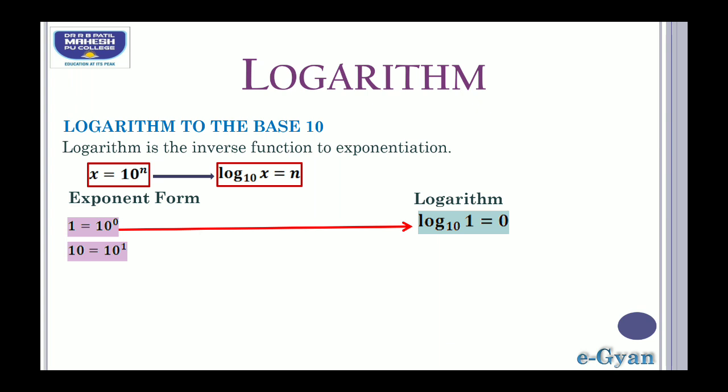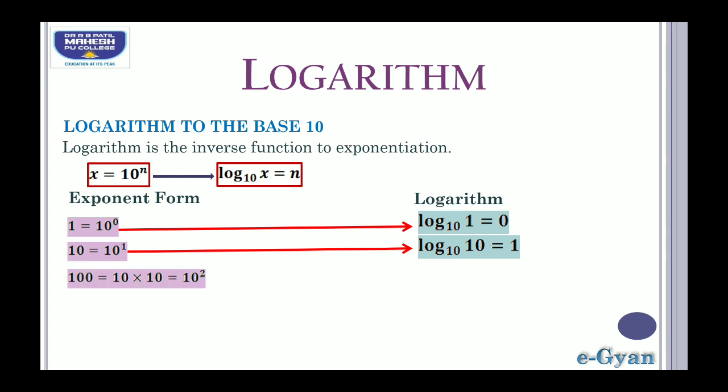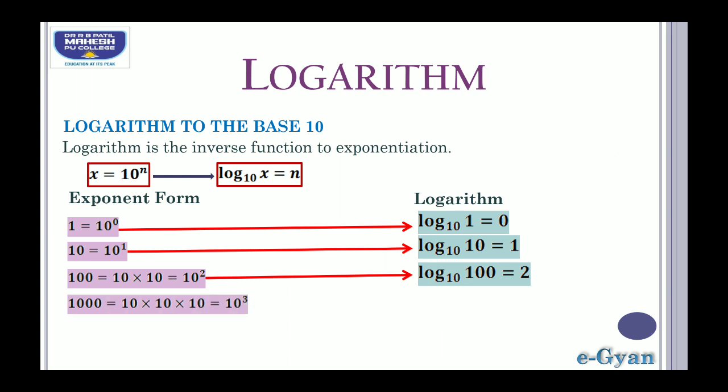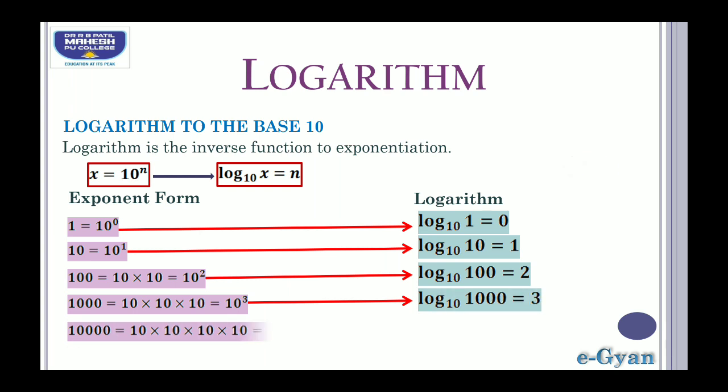10 is 10 to the power of 1. So therefore, log of 10 to the base 10 is equal to 1. 100 is 10 to the power of 2. So therefore, log of 100 to the base 10 is equal to 2. 1000 is 10 to the power of 3. So therefore, log of 1000 to the base 10 is equal to 3. 10,000 is 10 to the power of 4.